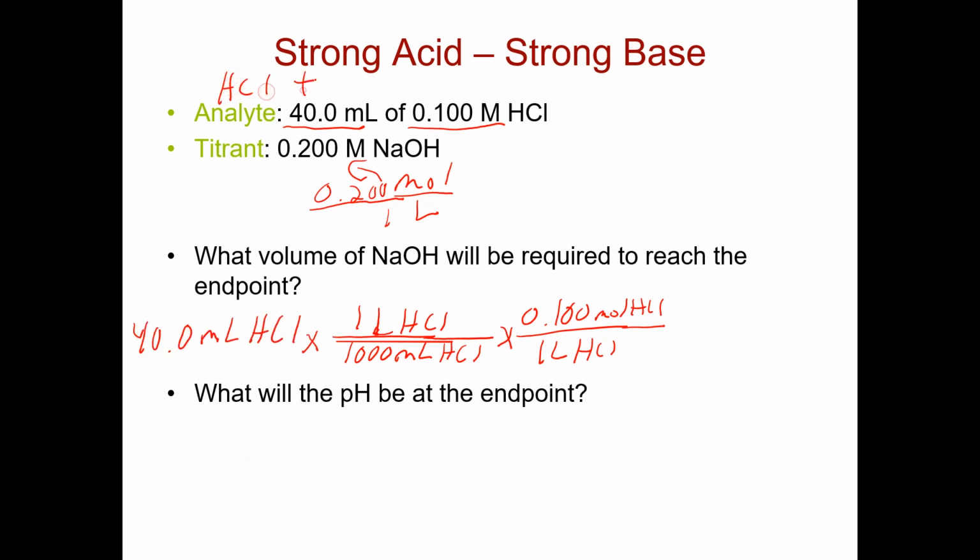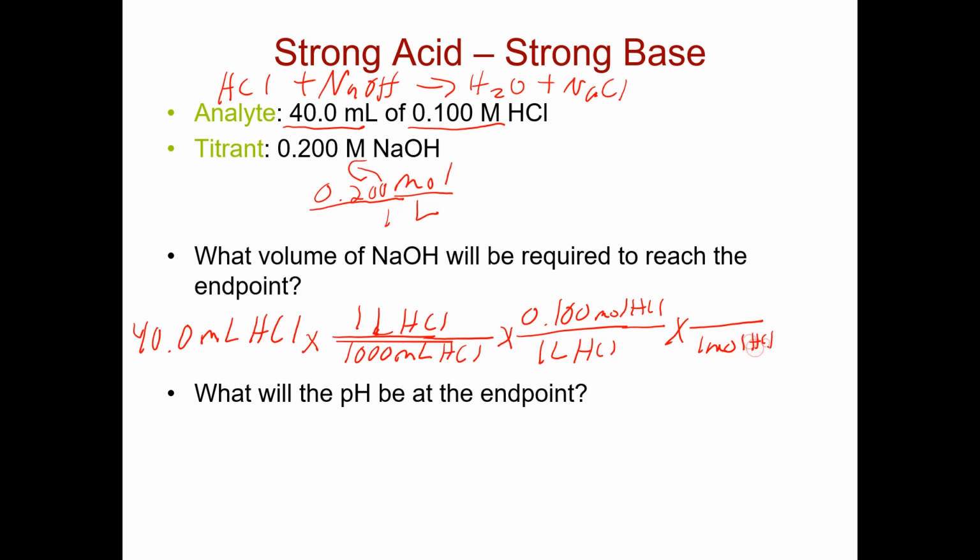Hydrochloric acid plus sodium hydroxide, this is an acid-base neutralization, so that's going to give us water and sodium chloride. Hydrochloric acid and sodium hydroxide react in a 1-to-1 ratio.